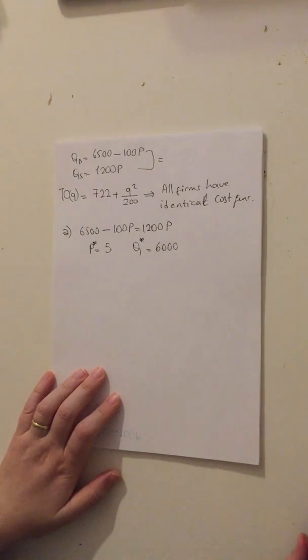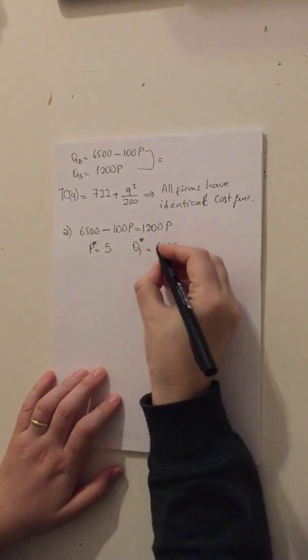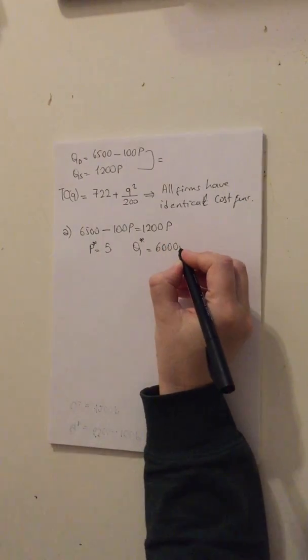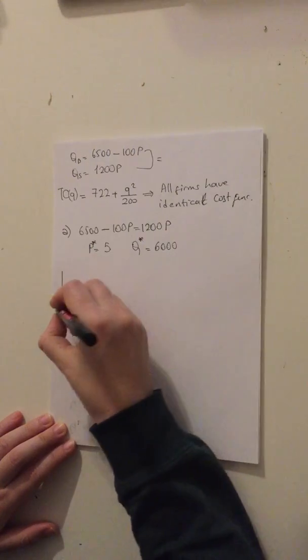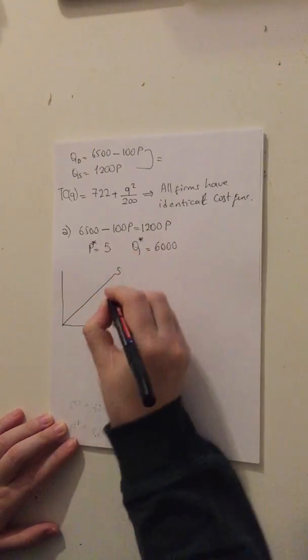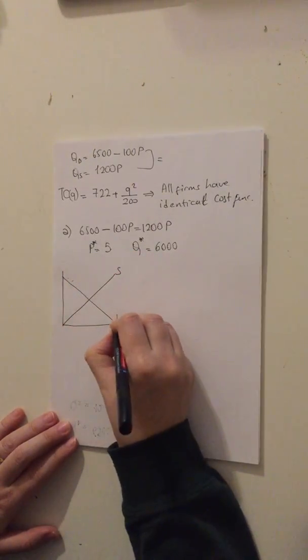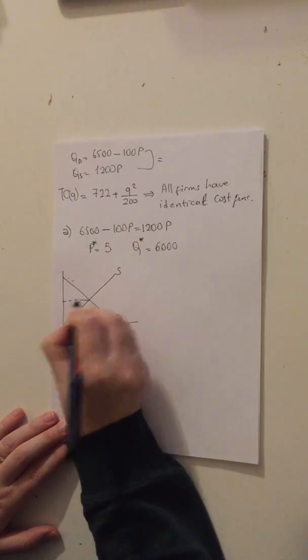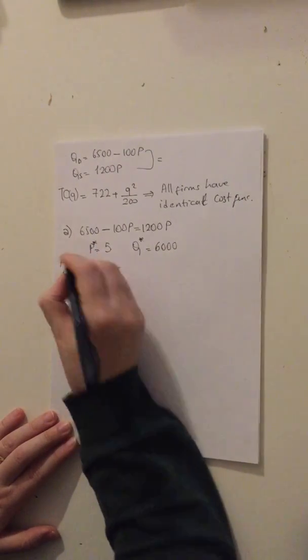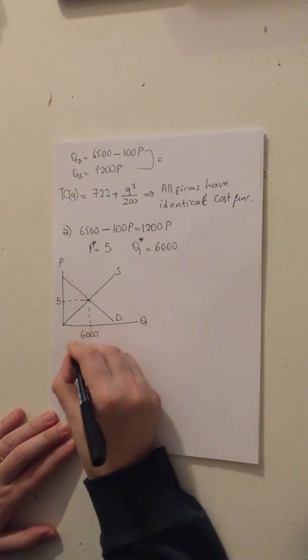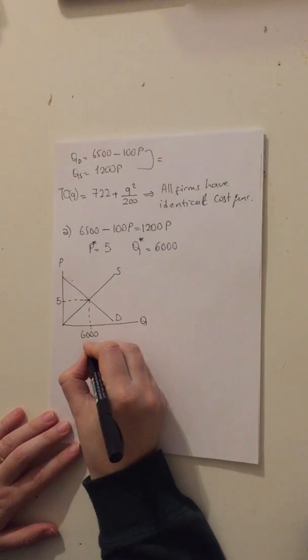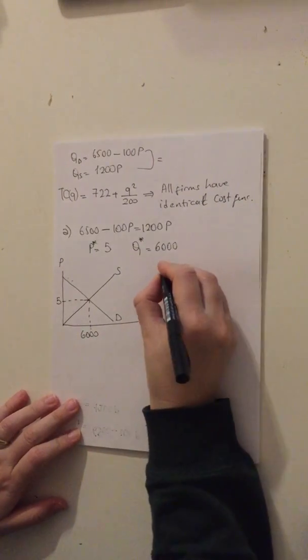And it is also asked the output supplied by the firm, that is the general output within the market, which means that, let's draw it here. Here it's our market supply and market demand. So supply and demand equalized at 5 units price, and the quantity is 6,000. So all the firms are producing together 6,000 units of that output.